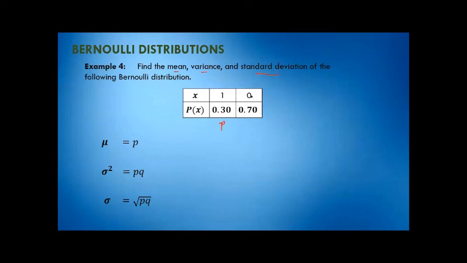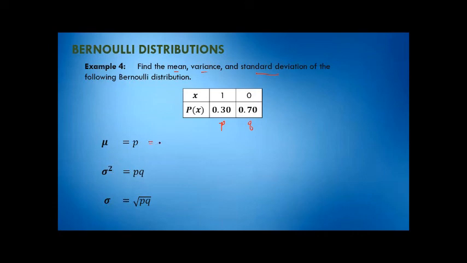And then, ito ay value ng, ang value ay 0, that is the probability of failure. 0.30, probability of success. 0.70, probability of failure. Then substitute lang natin para makompute ang mean, standard deviation, and the variance.